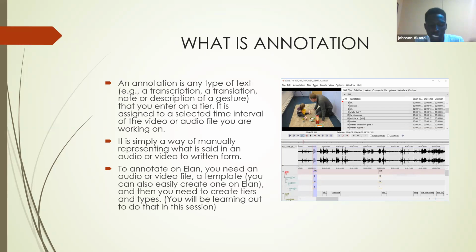This is the number of tiers I want. This is the number of types. Don't worry, we are going to treat what a tier is and what a type is. When we get to the practical, you will understand it better. We'll be creating one template also. You will see how it's done.